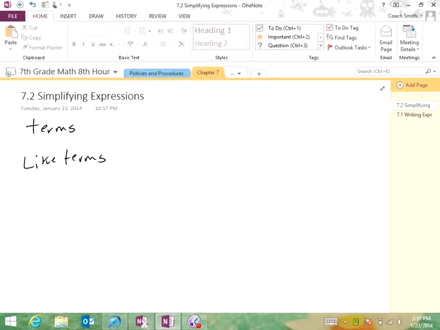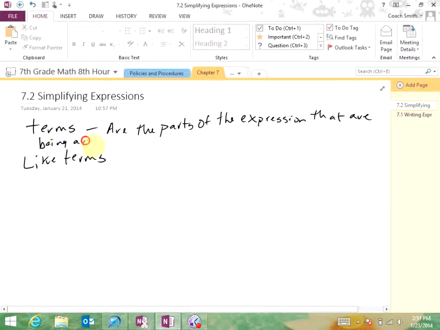Now, terms are the parts of the equation, or parts of the expression, that are being added together. Okay? So the parts of the expression that are being added together.